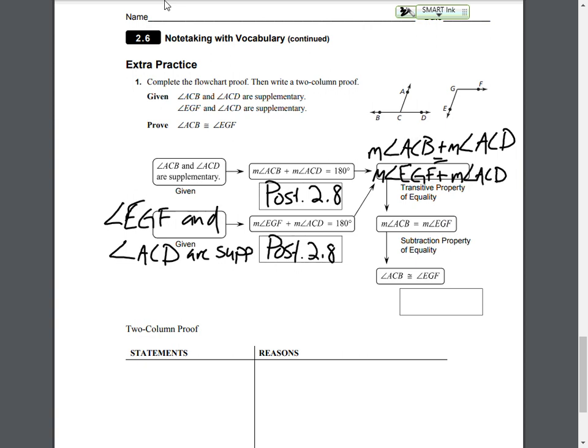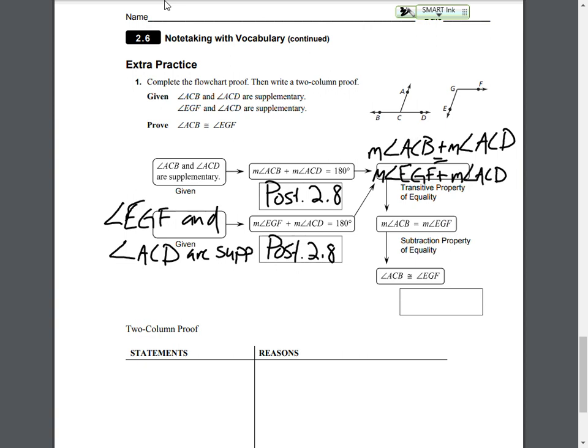How do we get the measure of angle ACB is equal to the measure of angle EGF? Well, we got rid of our ACD. We subtracted. Okay? Then, angle ACB is congruent to angle EGF. What is that reason? I want you to think about it. Pause the video.